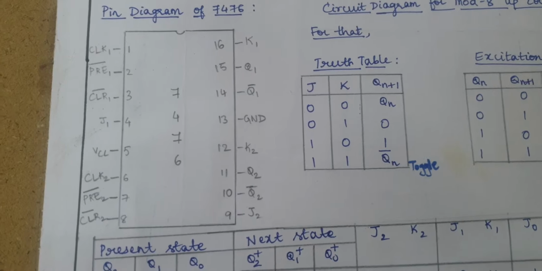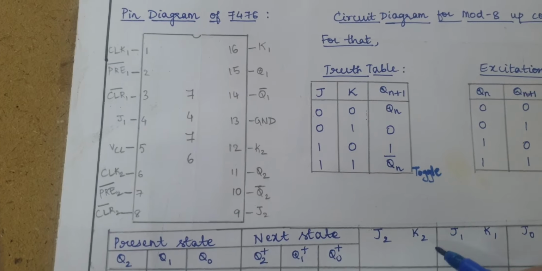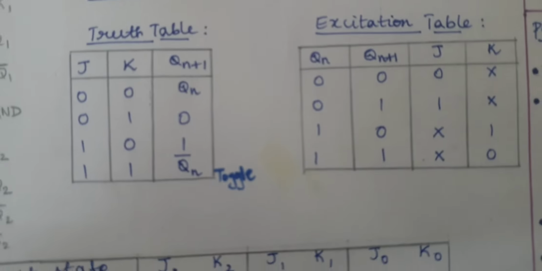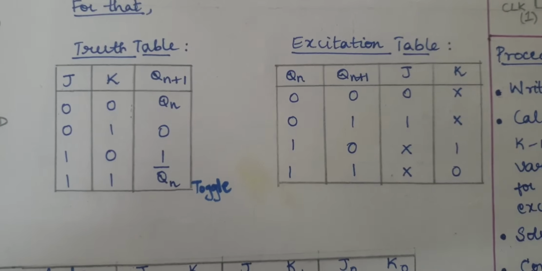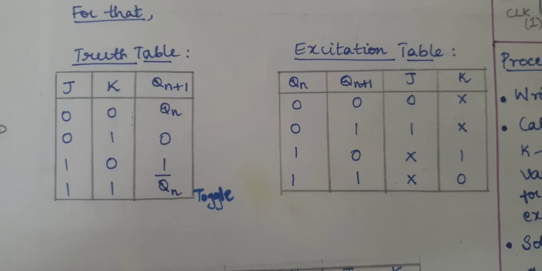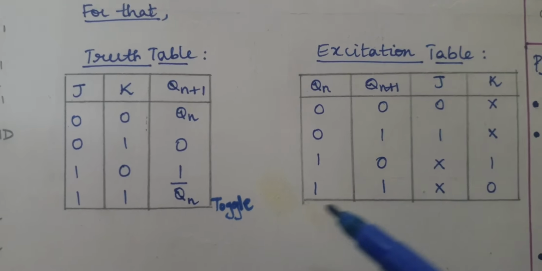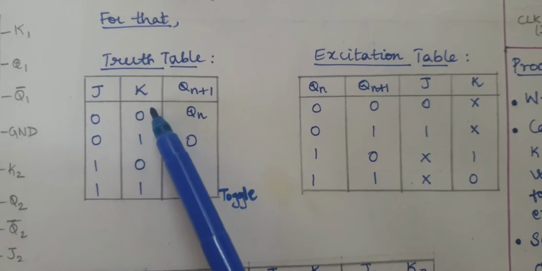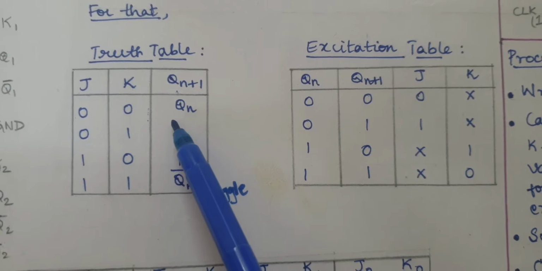Before we start this experiment, we need to write the truth table and excitation table of your JK flip-flop. In my previous video, we demonstrated how to write the truth table and excitation table for the JK flip-flop. Truth table of JK flip-flop: if J input is 0 and K input is 0, my next state is Qn.